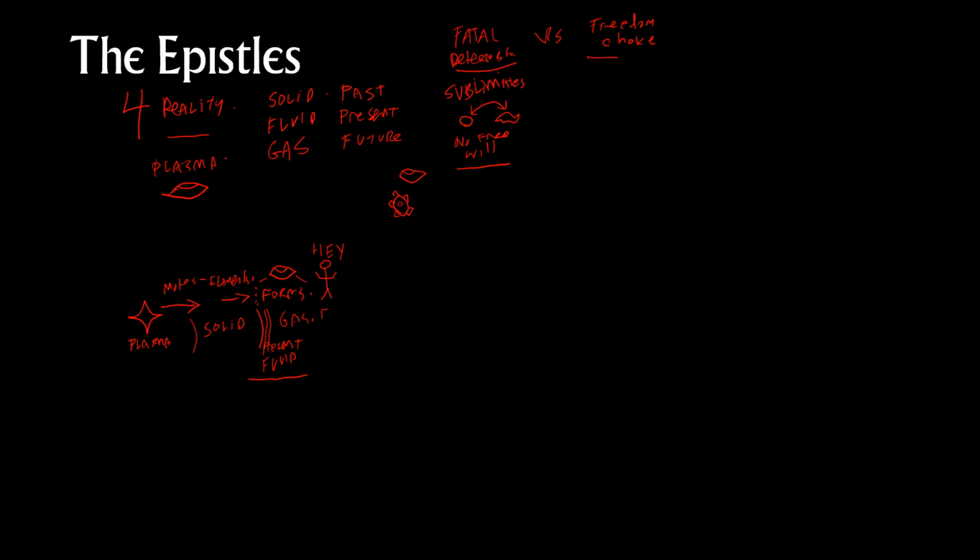Whereas people with freedom of choice believe you actually do have your fluid layer, and that is where you have your ability to have free will and make choices and decide to keep watching or shut it off right here, because this is so offensive to your senses.